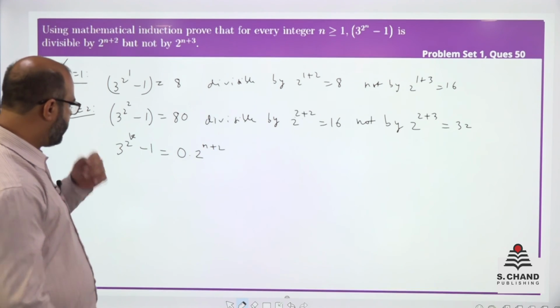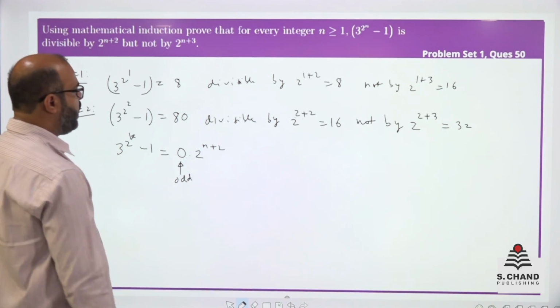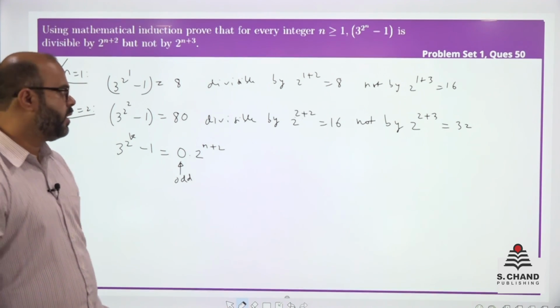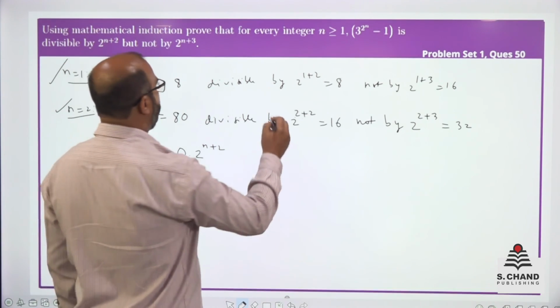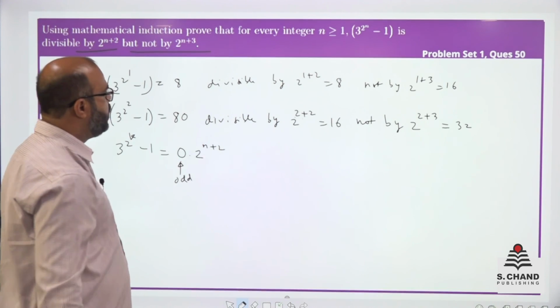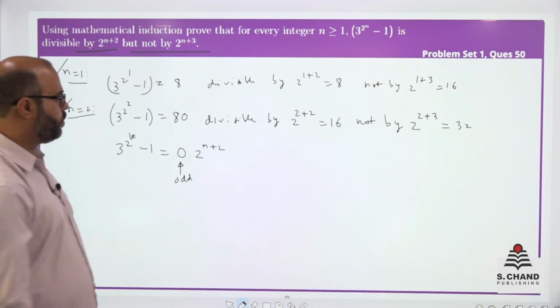So this is odd. That is why it is also not divisible by 2 to the power n plus 3. Otherwise, if it was even, then it was divisible. So that is why it is divisible by 2 to the power n plus 2 but not by 2 to the power n plus 3. That simply means this is an odd multiple of 2 to the power n plus 2.